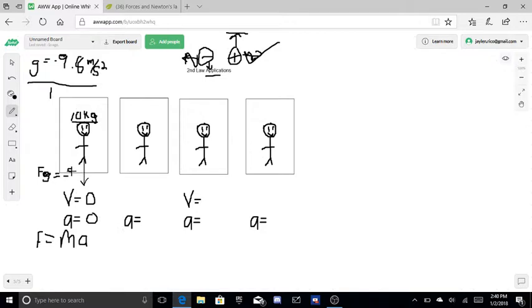F g equals negative 98 newtons. And this gravity is the same for every other stage we have. So this is negative 98 newtons. This is negative 98 newtons. Because this gravity is constant, although gravity changes at different heights, let's just say it's constant.